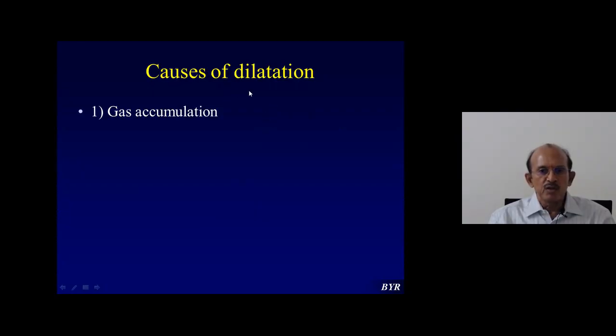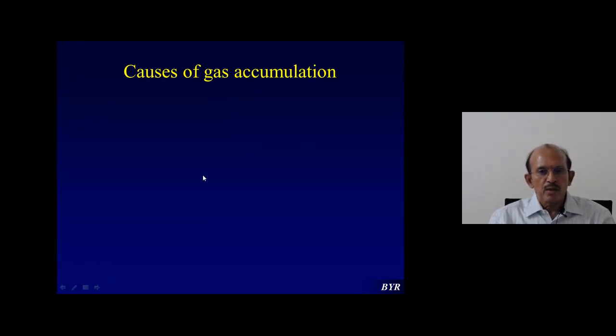Why should the bowels dilate? Number one, due to gas. Number two, due to fluid accumulation. Why is there gas accumulation? Normally about 1000 to 1500 ml saliva is secreted per day, and that goes into the stomach.